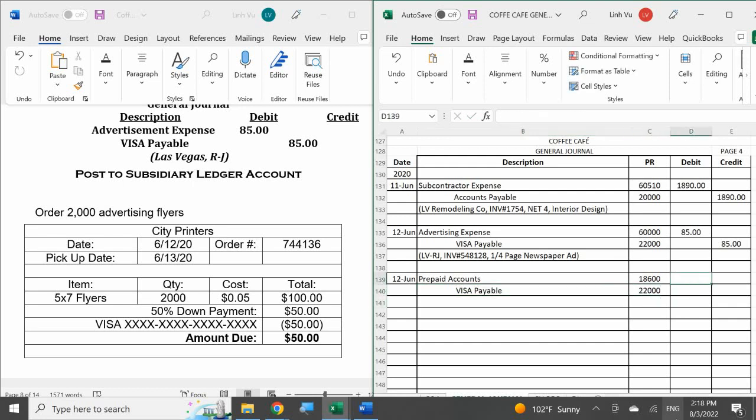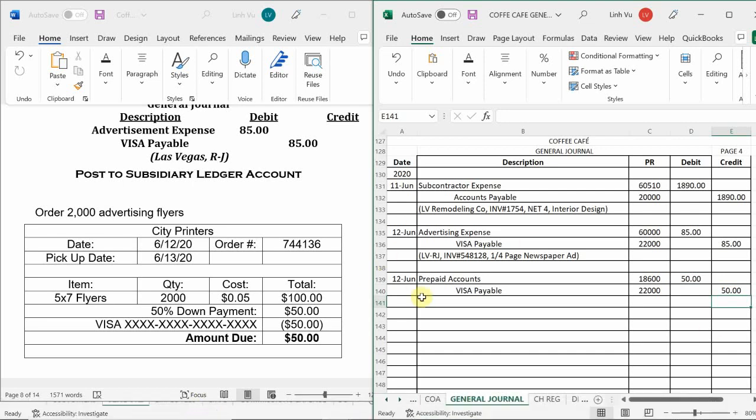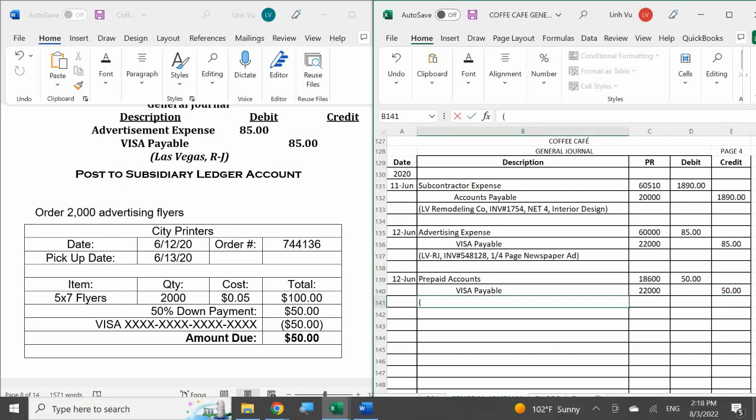Okay, for how much? $50. So we paid $50. Okay. So we paid City Printers.